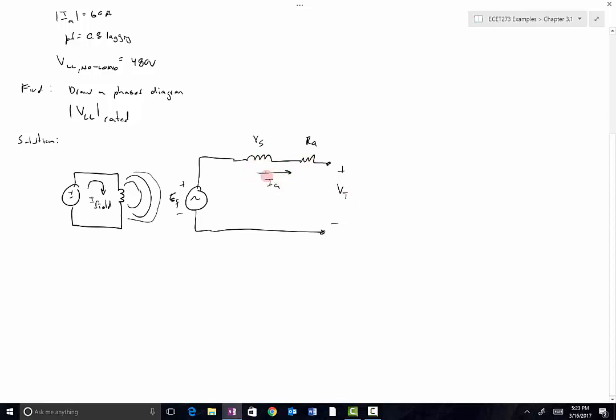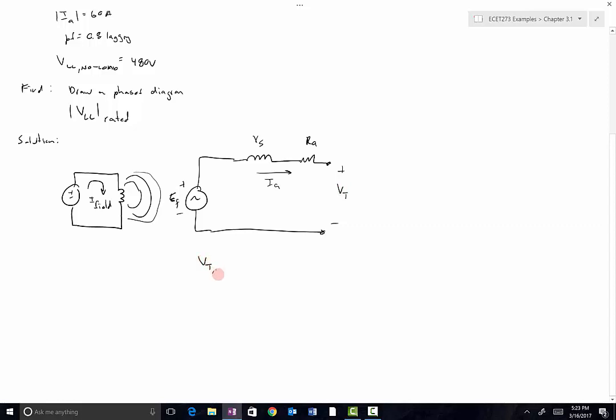So if that current doesn't exist, the voltage here has to be equal to the voltage here because there's no current flow and therefore no voltage drop across the internal coil. So we call that a lot of times the no load condition. So it was specified as 480 volts. Remember, that is going to be a line-to-line quantity.